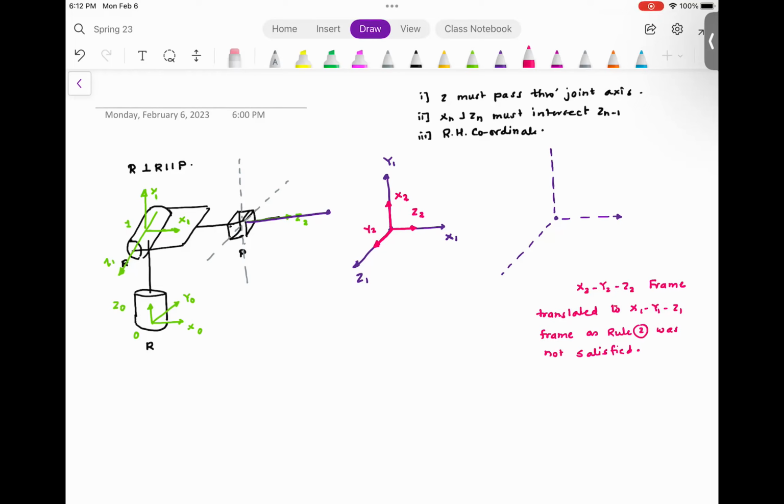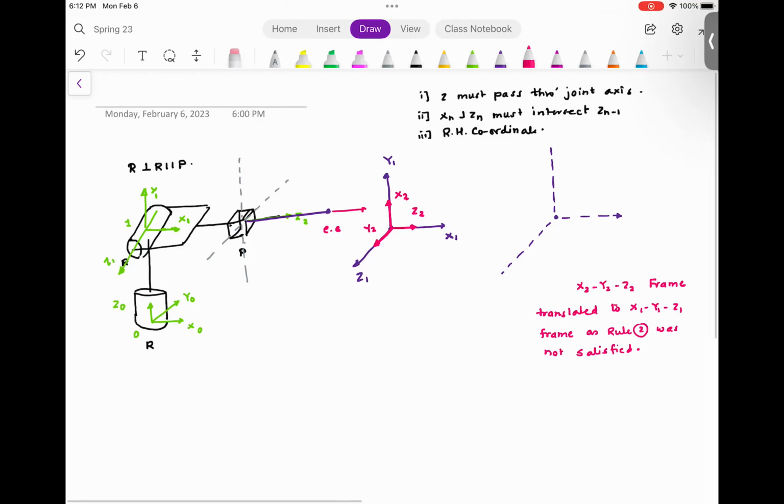Now what that means is, let's look at the last frame, which is over here. This is the end effector. On this end effector, I'm going to have this frame, which I'm going to call X3, and then I have this Y3.